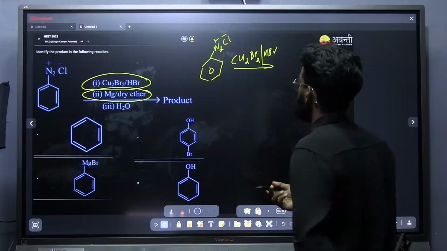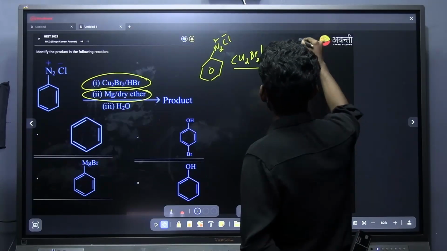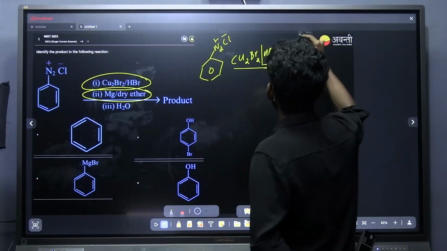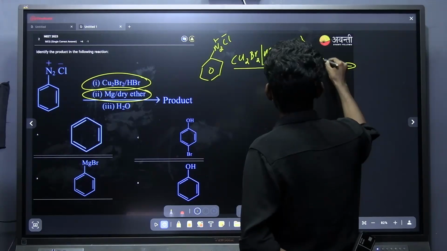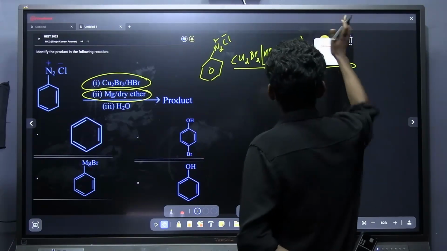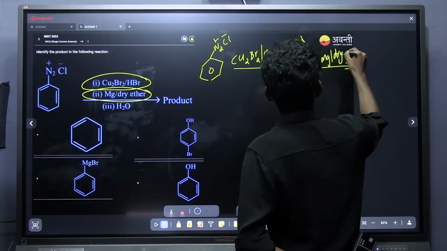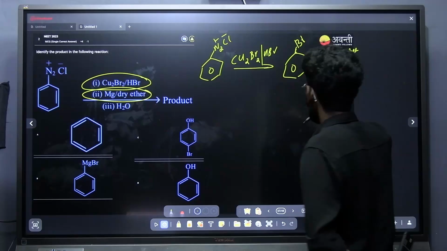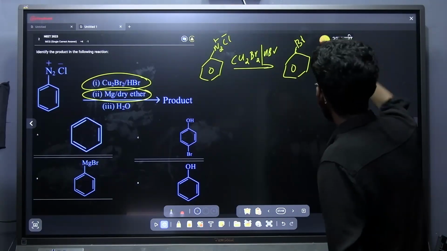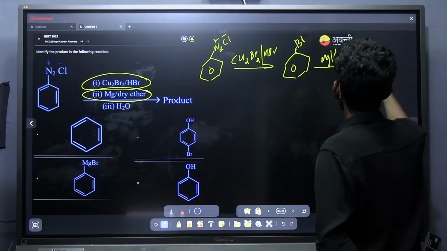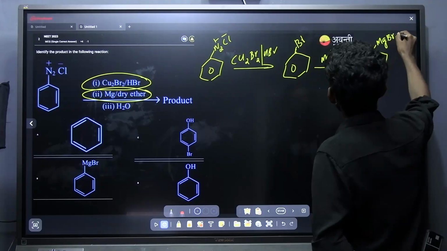It is Sandmeyer reaction, and due to Sandmeyer reagent, the product that we are getting is bromobenzene. This bromobenzene on treating with magnesium in presence of dry ether is the method of preparation of Grignard reagent. As a result, we will be getting the Grignard reagent, MgBr.